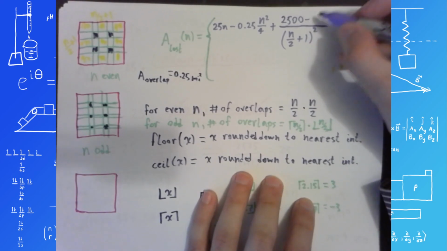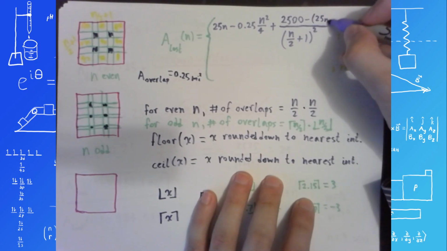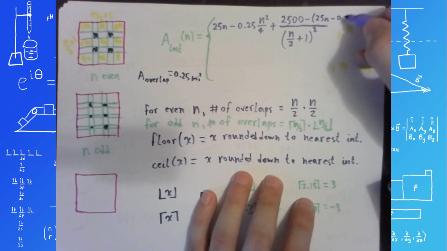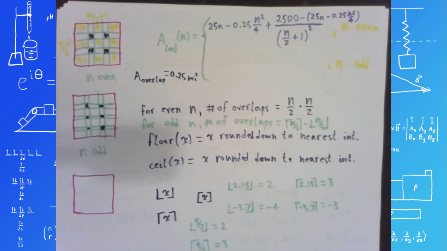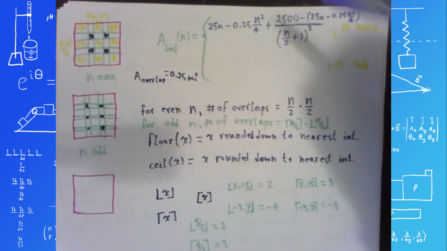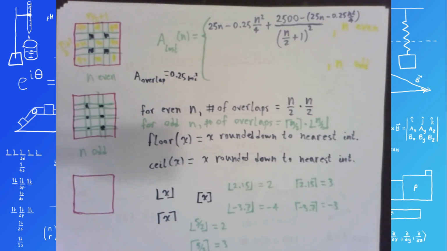So minus parentheses 25n minus, I didn't even have enough room to fit it in. Yep, I knew I was going to regret this. 0.25 n squared over 4. Oh boy. And there's your area lost function for n being an even number.